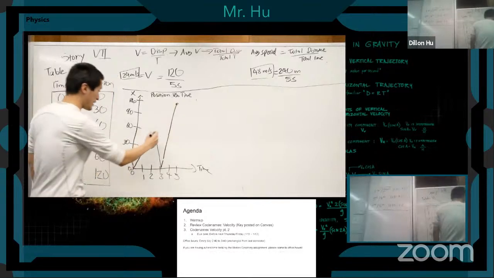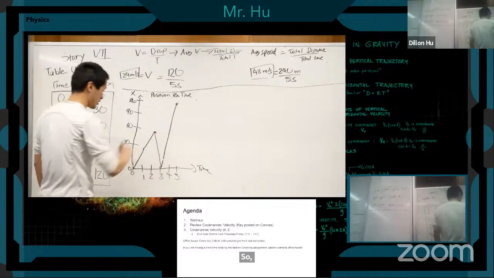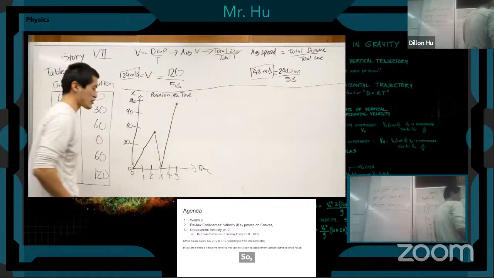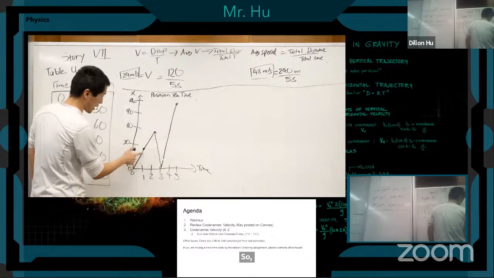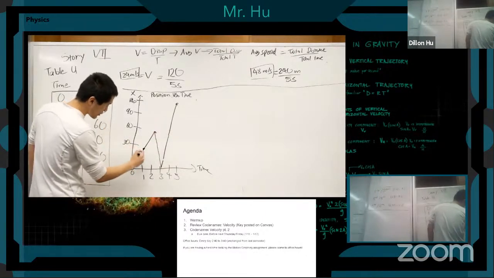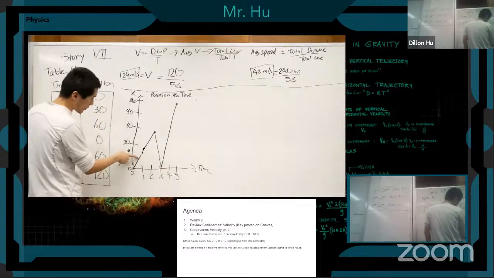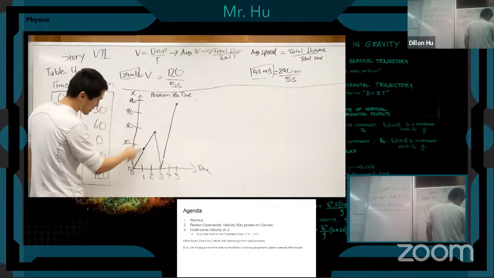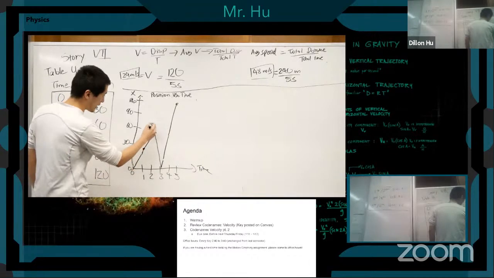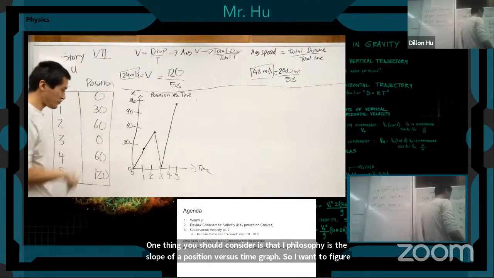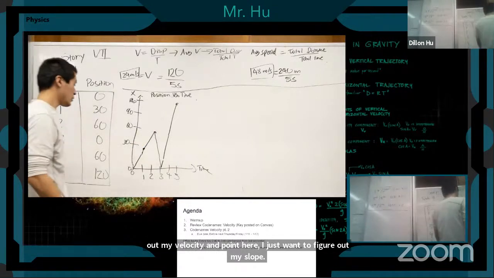For any interval where the slope is the same, our velocity is the same. If I want to know my velocity at time equal to 1, because this is one line, any velocity between 0 and 2 seconds is going to be the same. So I can just figure out my average velocity between 0 and 2 seconds.